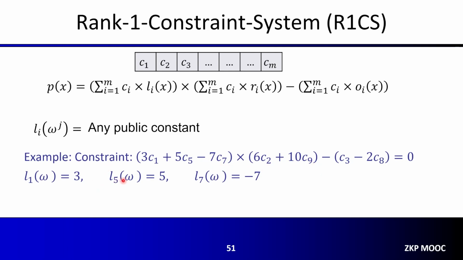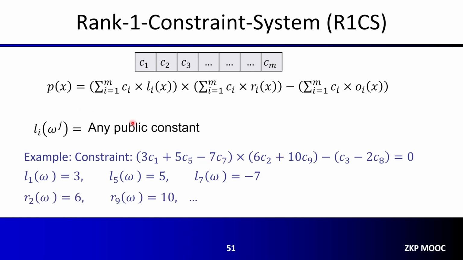And L5(ω) equals 5, and L7(ω) equals -7. For Li(ω) other than 1, 5, and 7, they're all equal to 0. If you compute the summation of Ci times Li(x), that will give you 3 times C1 plus 5 times C5 minus 7 times C7 in the first pair of parentheses.